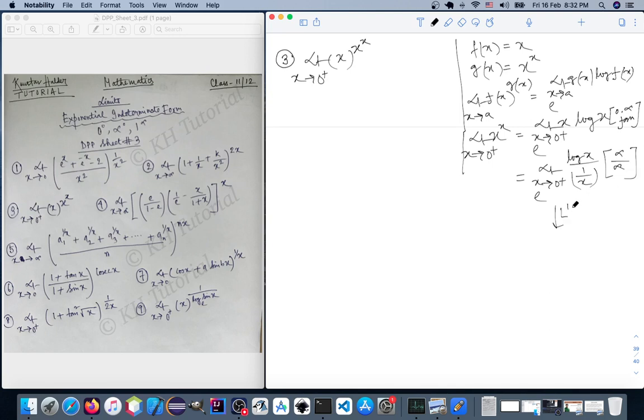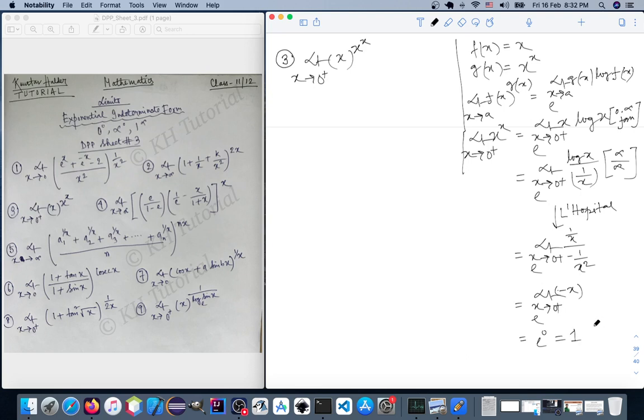Applying L'Hopital's rule, we get 1 by x over minus 1 by x square. This equals limit x tends to 0 positive of minus x. So the limiting value of minus x as x tends to 0 positive is 0. So this is 0, this is 1.